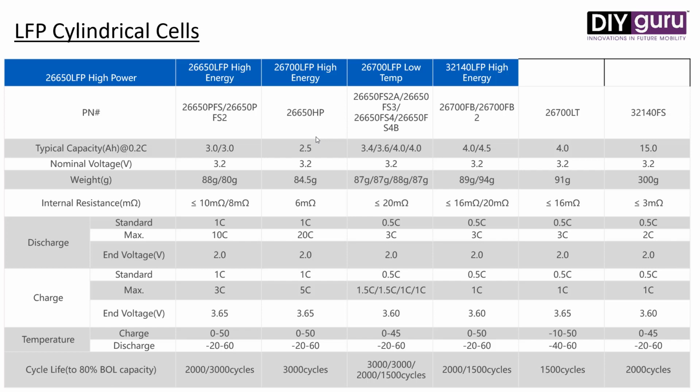Standard discharge ratings are 1 C and 0.5 C, and maximum it could be 20 C in case of 26650 HP cells.